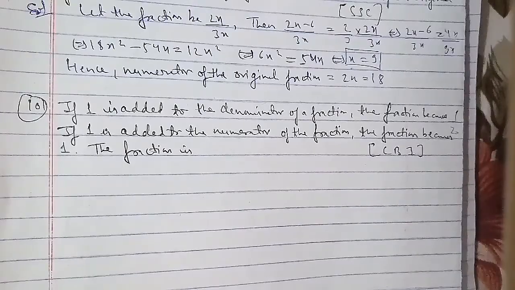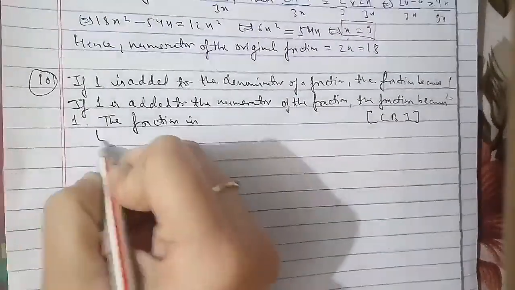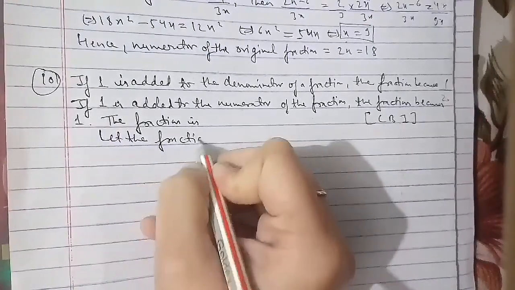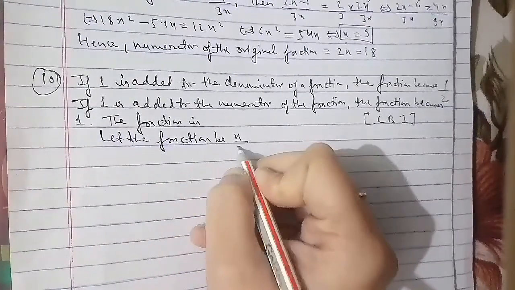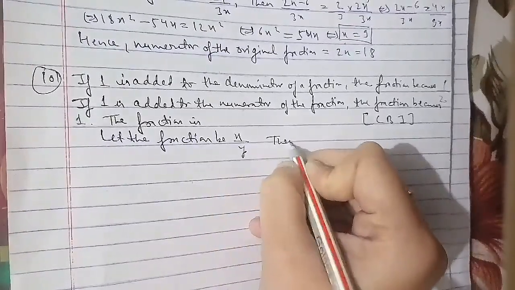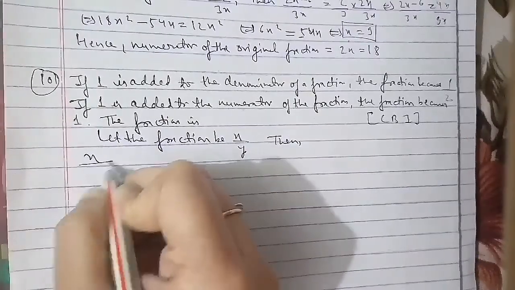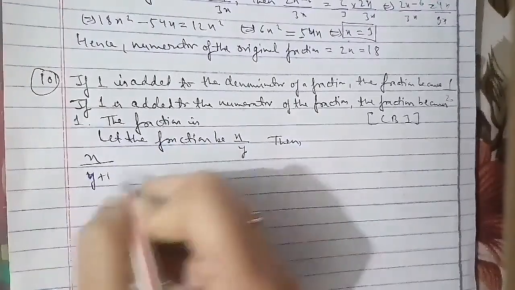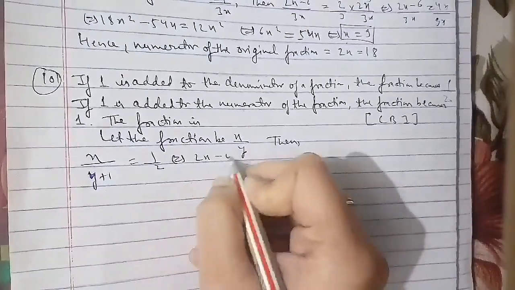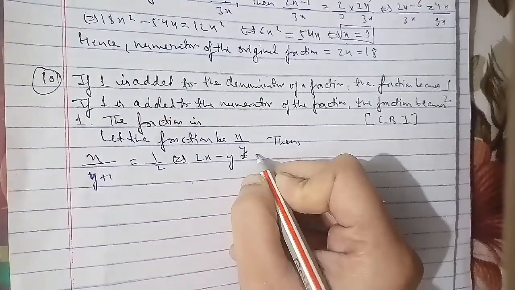Let the fraction be x upon y. Then x upon y plus 1 equals 1 upon 2, that is 2x minus y equals 1.